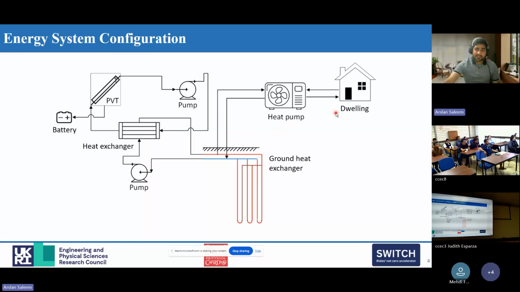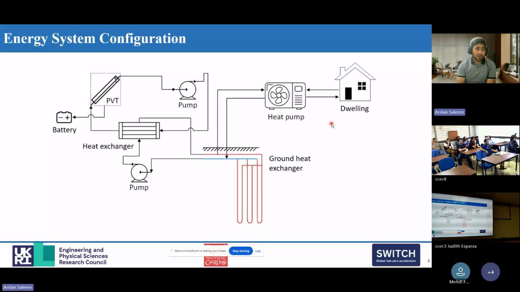The residential house assumed in this work is a 3-bedroom terraced house, and a model of an actual 3-bedroom terraced house located in Cardiff was used for this study. The thermal load of that model building was calculated to meet the hot water demand, space heating demand, and space cooling demand.